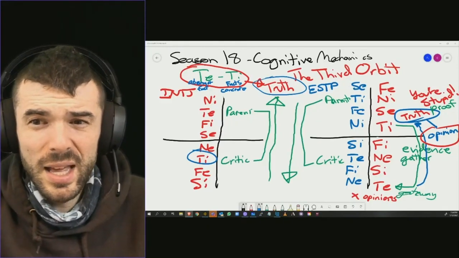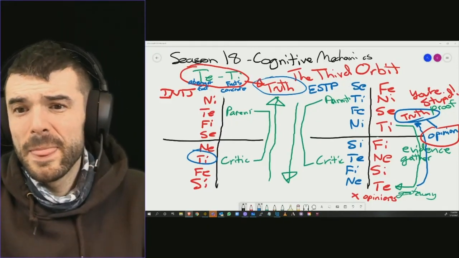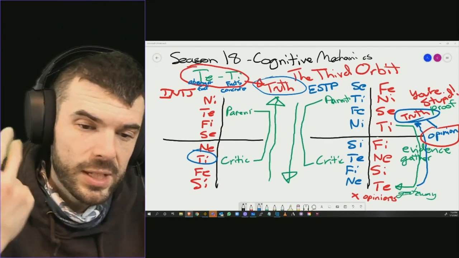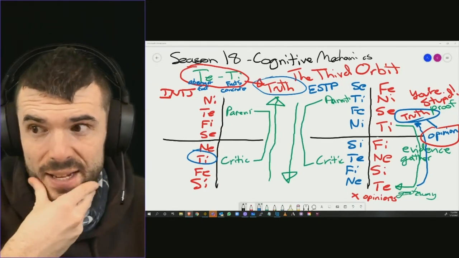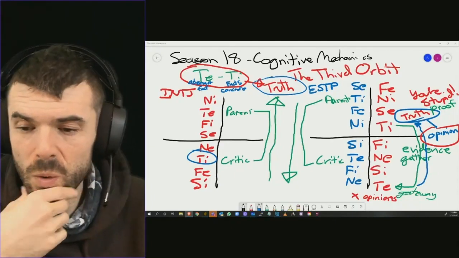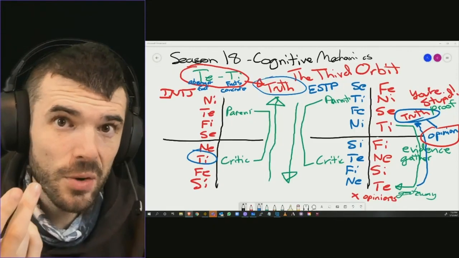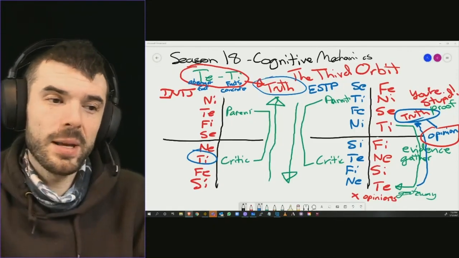And it's a thing. This is why TE users consistently say that TI users are ignorant, or biased, or that they rely on last known input or preferred input, basically.